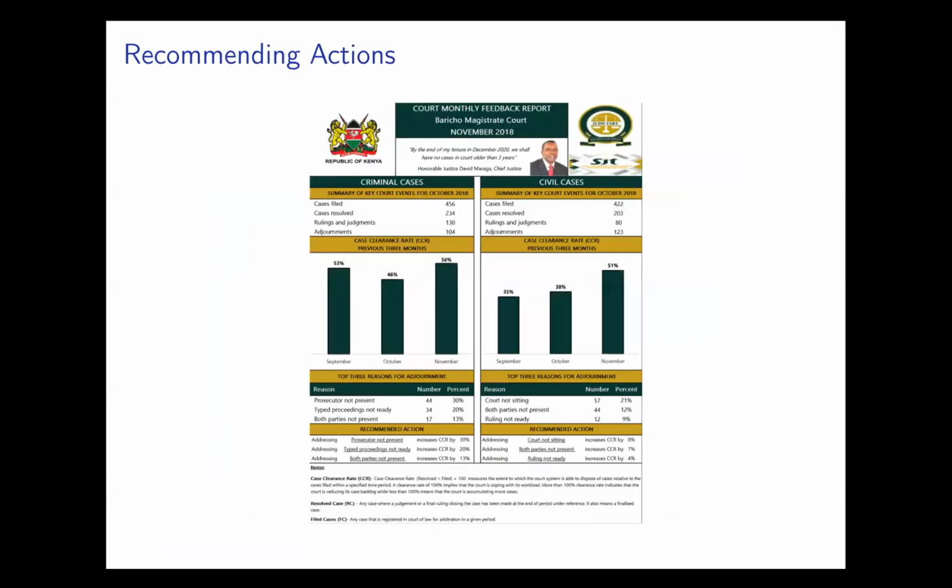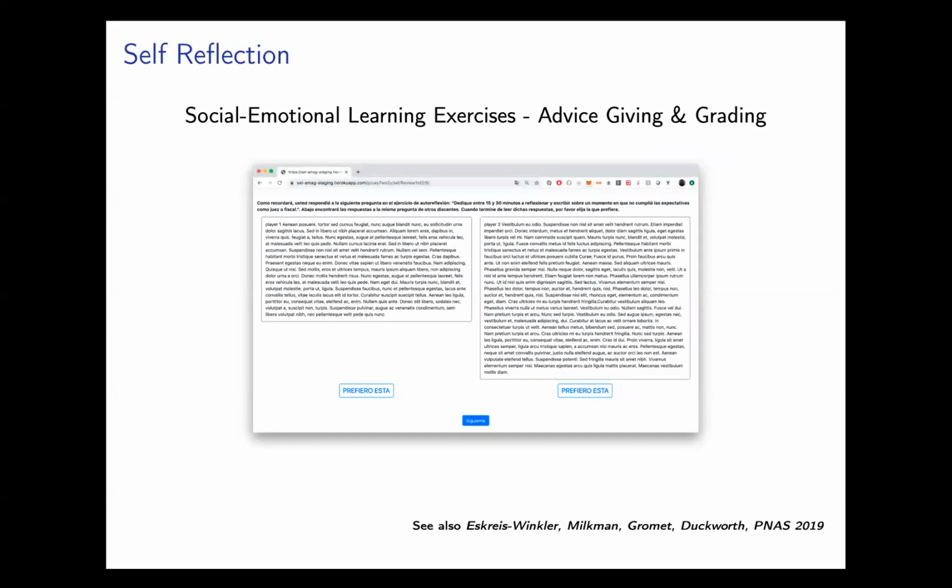Or recommending actions to improve on certain aspects of the self. Or self-reflection, social emotional learning exercises, where they give advice to someone like themselves and then grade randomly chosen pieces of writings to see its effects on decisions and disparities.